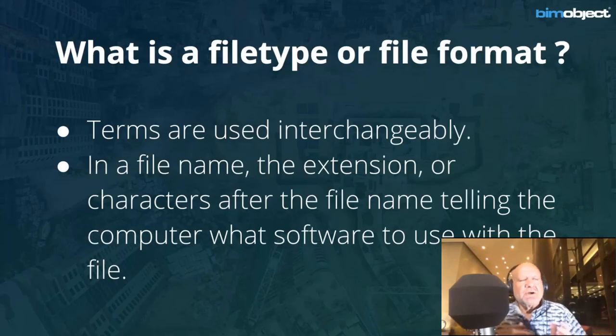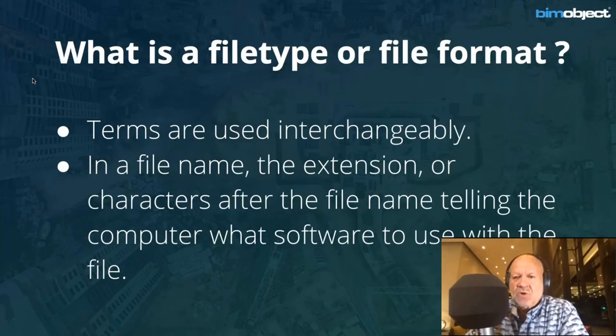They tell the system what program to use. So there's literally thousands of file type extensions. Many of them are proprietary, meaning that they only will work with certain software platforms, and others are somewhat interchangeable. We'll get into more of that in just a minute. But so the file type or file format, that's the question.